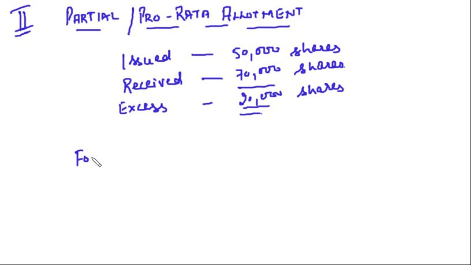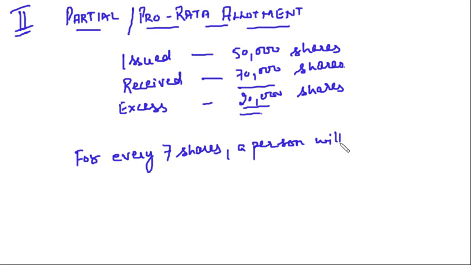In this case, I will say for every 7 shares, a person will get 5 shares, right? So this is how you do pro rata allotment. For every 7 shares, a person will get 5 shares.